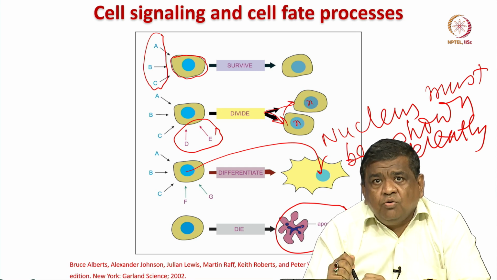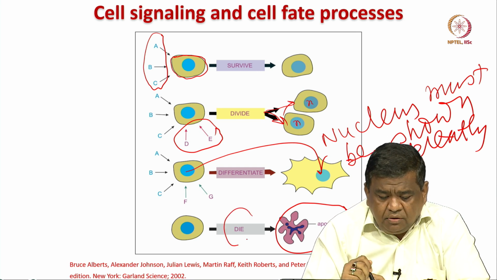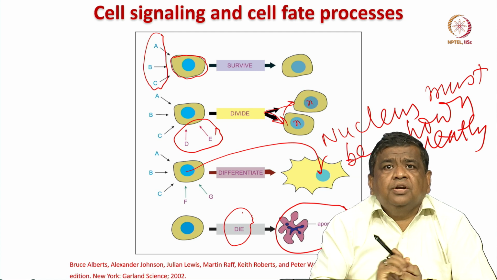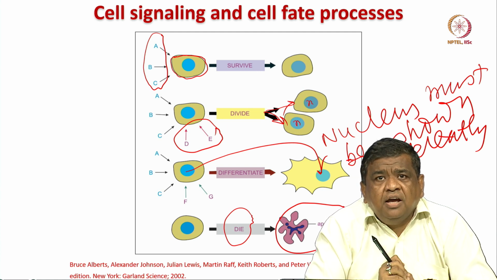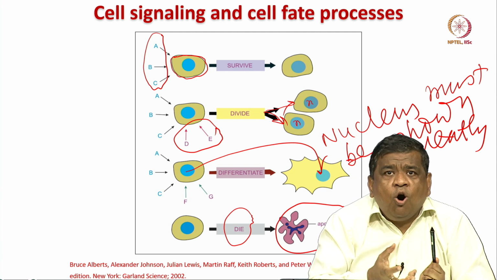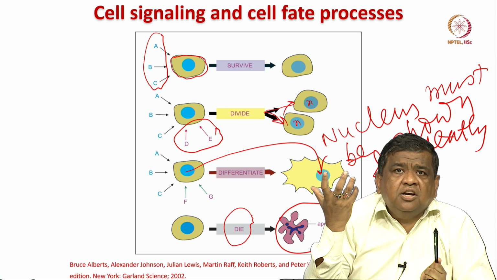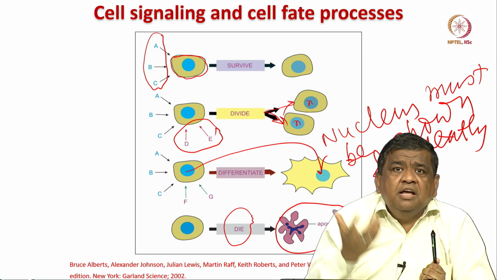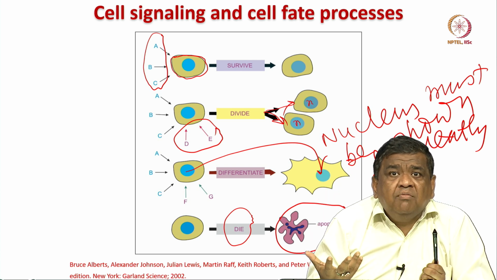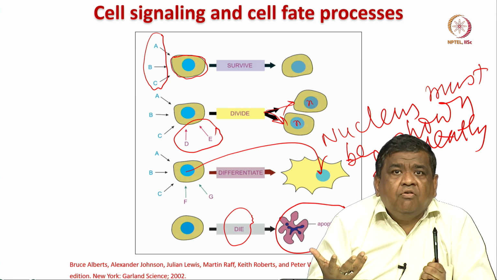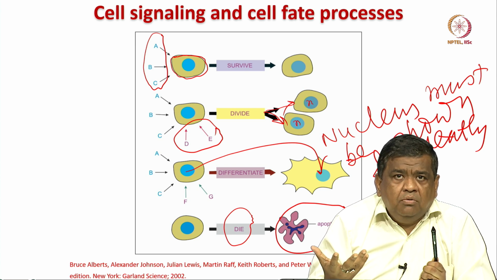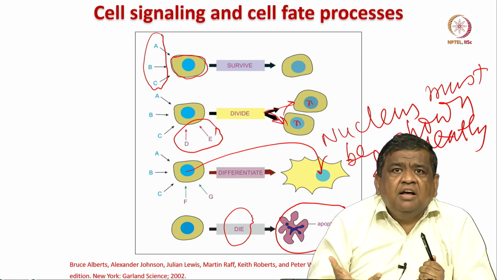And when a cell dies, like an apoptotic cell, all the signaling molecules are removed. That means the cellular microenvironment is unfavorable for the cell to remain alive, and the cell will die.